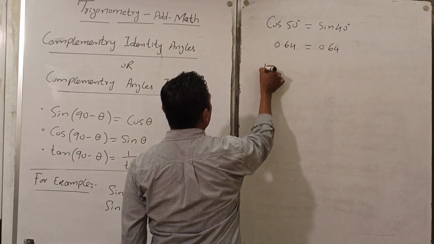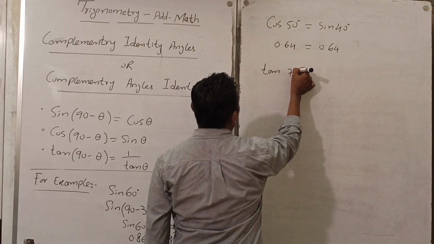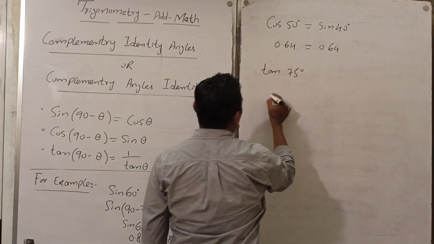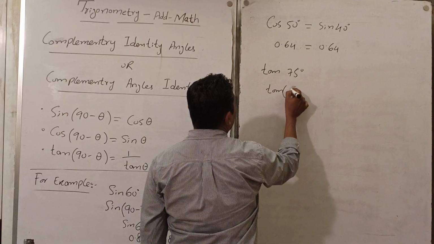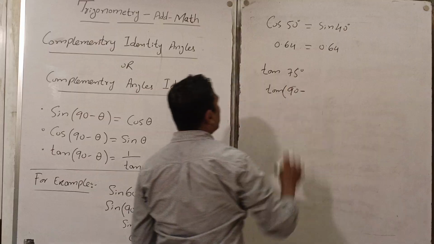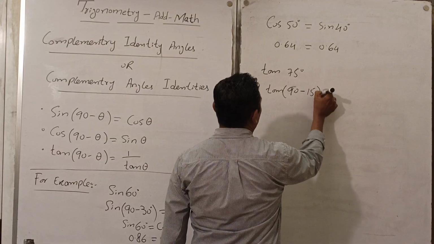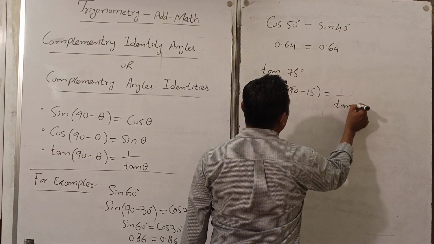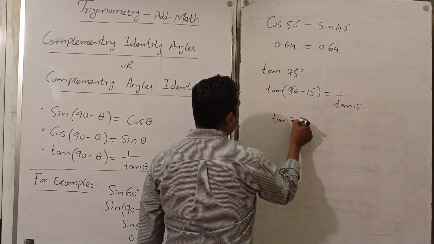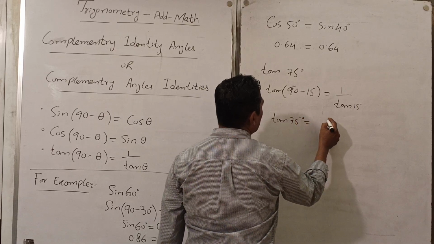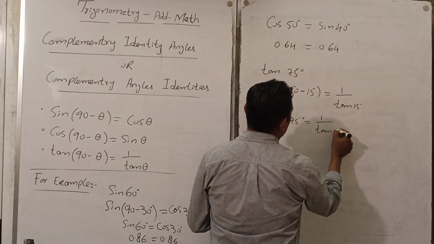Similarly, if you have tan 75, I can write it as tan(90 minus what should we subtract to get 75? 15. So it will be equal to 1 over tan 15. Am I right? Now calculate tan 75 degrees, and that should equal 1 over tan 15.